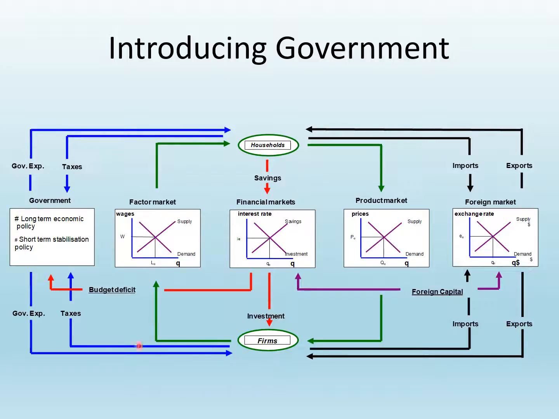It takes money away from firms in the form of taxes, and it spends that money back as government expenditure to households, which in most countries is predominantly expenditure on public servants, teachers, nurses, police, etc. In parts of the rich world, it can also include various kinds of social safety nets, so disability pensions, ordinary pensions, old age pensions, and things of that nature. And government also spends money to firms to buy the kinds of things that firms are making, so computers, paper, pens, red tape, and things of that nature.